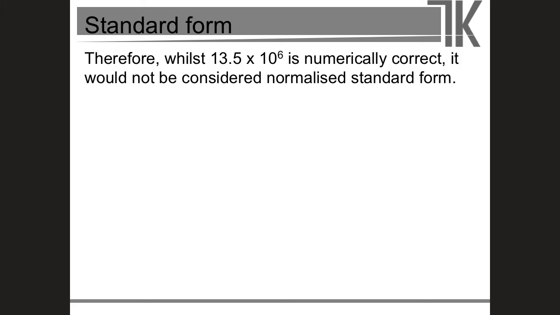In order to get it into normalized standard form, we need to move that decimal place so that rather than 13.5, we've got 1.35 times 10 to the... whoops, not 10 to the 6. And that just means moving the decimal over that position. Now, some people get confused as to what number goes up here, and most of us go, right, we've moved the decimal one position, so this needs to change by one number.